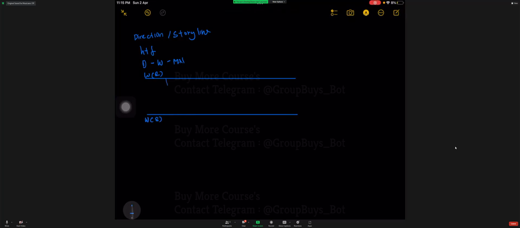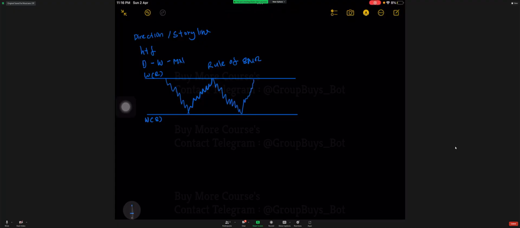Weekly resistance must go into weekly support. That's the rule of SNR. Weekly support must go to weekly resistance. Every time, this direction and storyline always repeat.